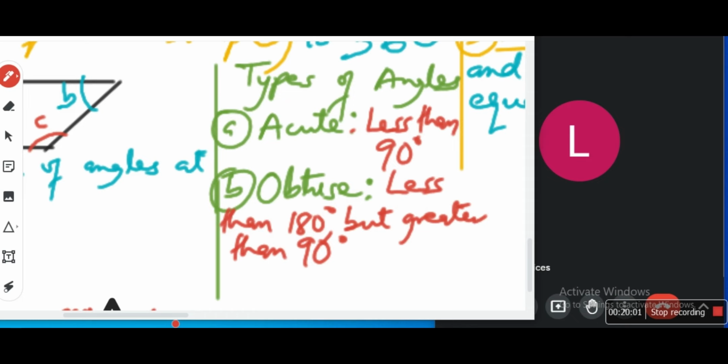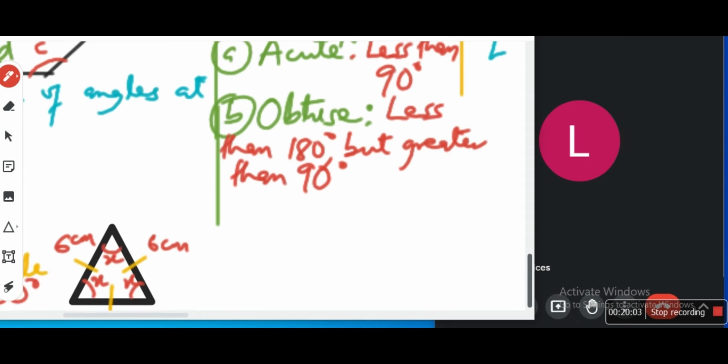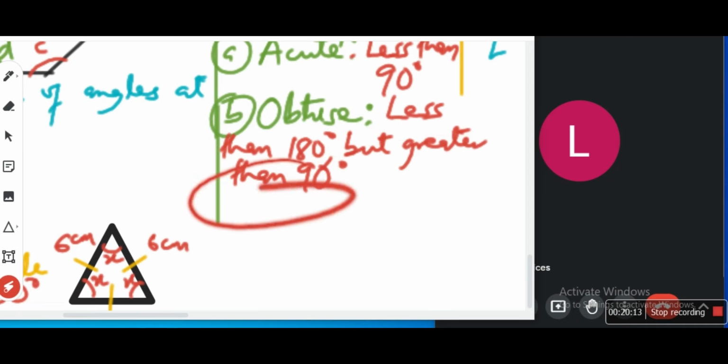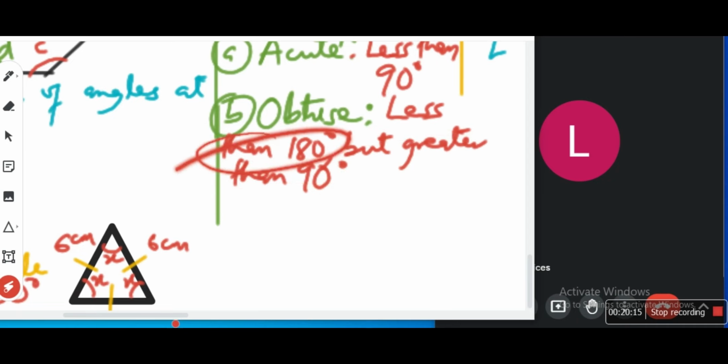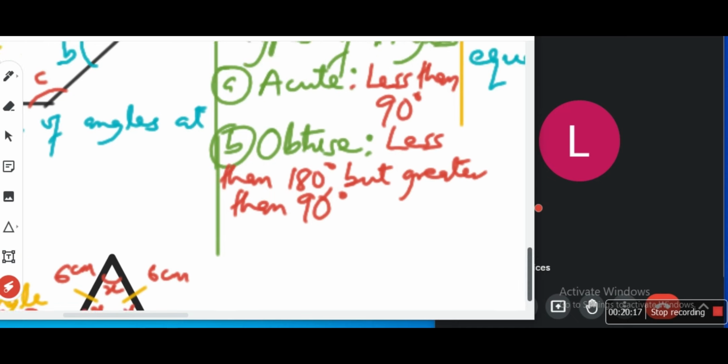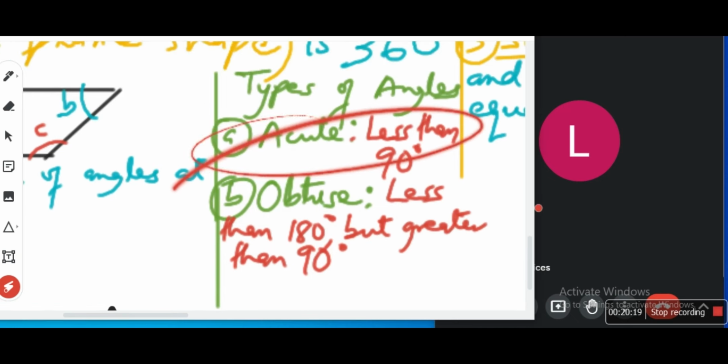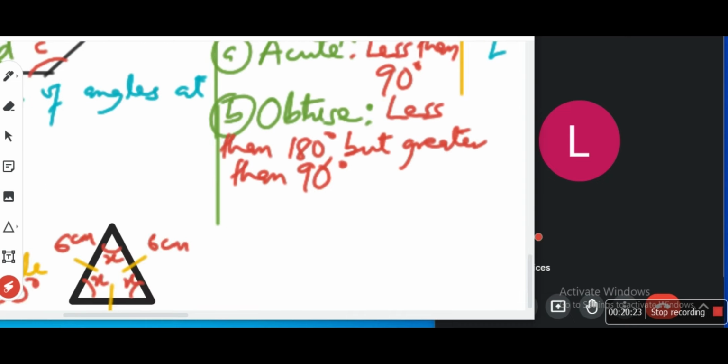Any angle that is greater than 90 but less than 180, like 91, 170, so long as it's greater than 90 but less than 180, it's an obtuse angle. Just like acute is any angle less than 90, like 80, 70.